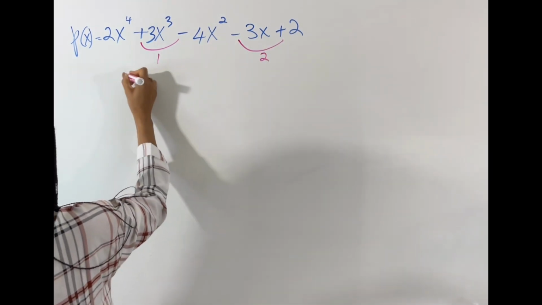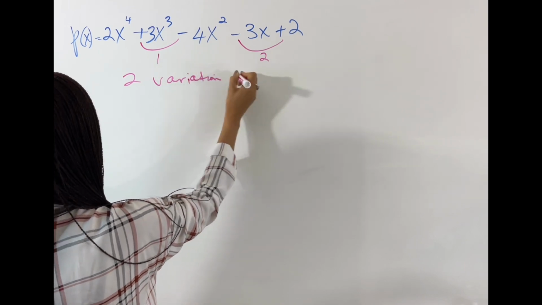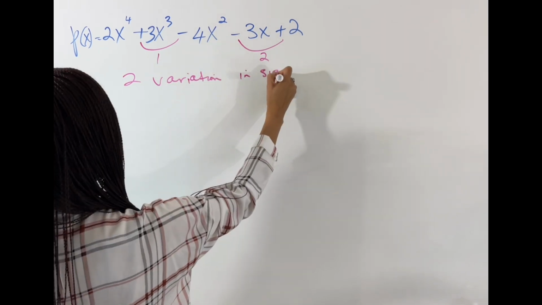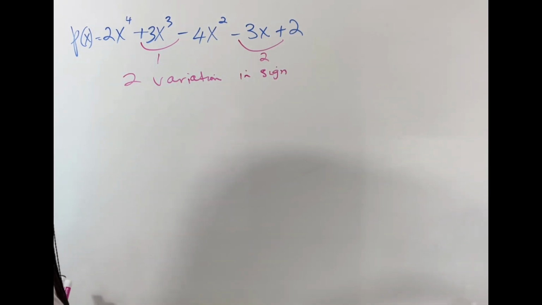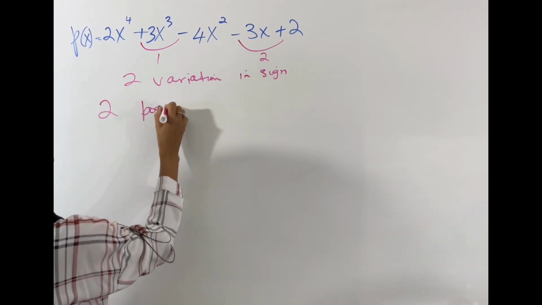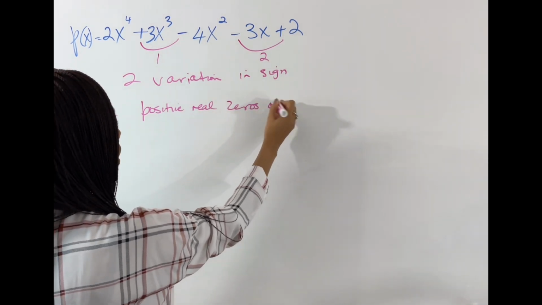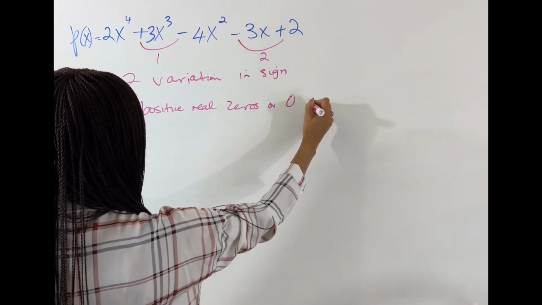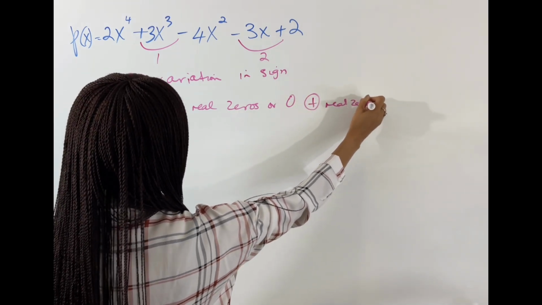So we have 2 variations in sign. Because we have 2 variations in sign, we will end up with 2 positive real zeros or 0 positive real zeros.